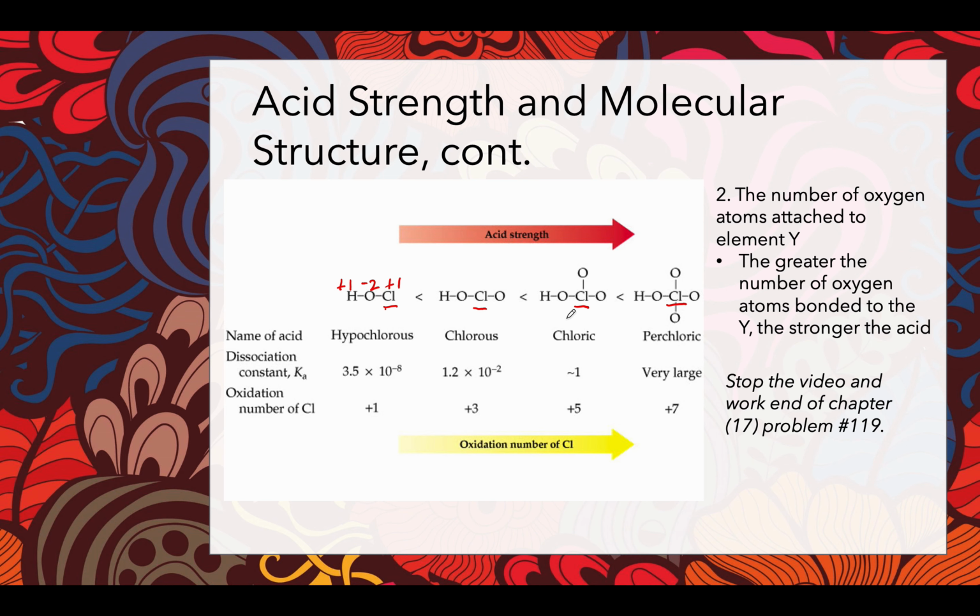And we're going to see as we move across here that the oxidation number of the chlorine is going to constantly change in order to keep this compound neutral. The only thing that doesn't change is the oxidation number of the oxygen and the hydrogen. And that's what's driving the changing oxidation number on these chlorines. And so what we see is that as that oxidation number increases, we end up with a very strong acid. Perchloric acid is one of those 6 strong acids that you need to memorize.